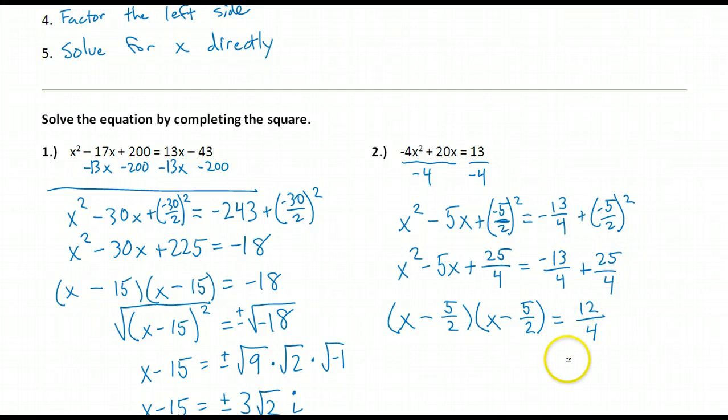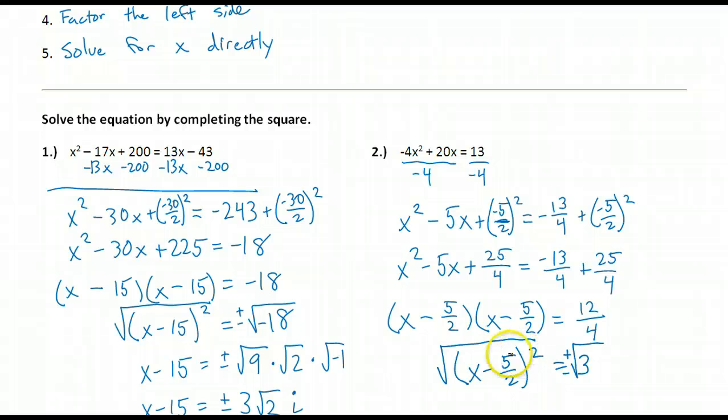And 12 divided by 4 is 3. And now I need to rewrite my left side as x minus 5 halves squared. Once I'm here, I only see x once, so I need to take the square root of both sides.